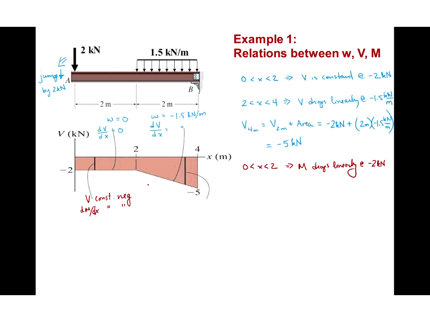And then we can see, once we go over from x equals 2 to x equals 4, that V drops linearly, or in other words, V is negative and decreasing in value, which means that dM/dx must also be negative and decreasing in value. In other words, the slope must be negative and decreasingly negative.